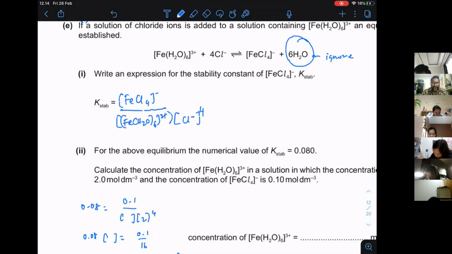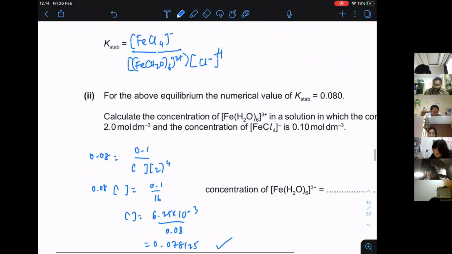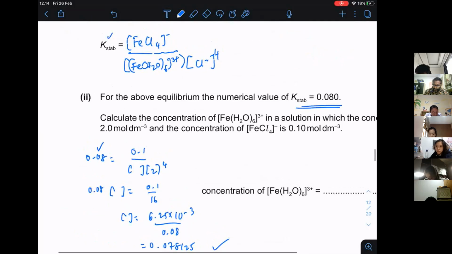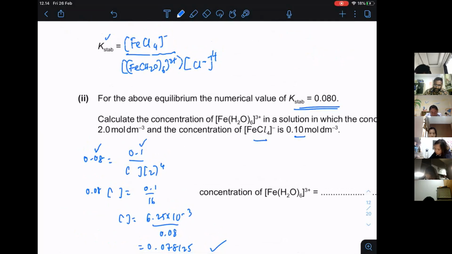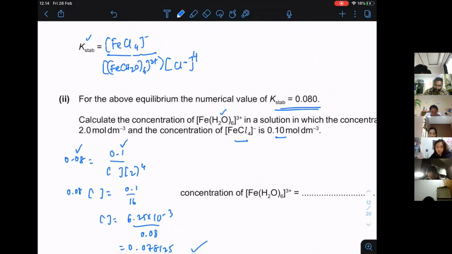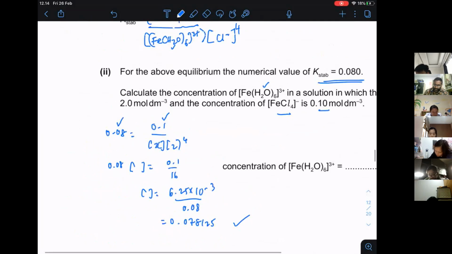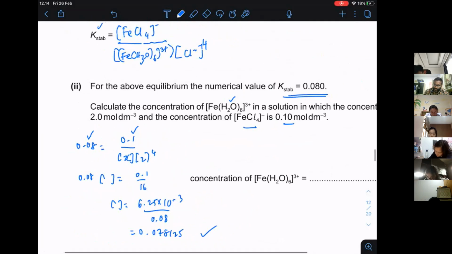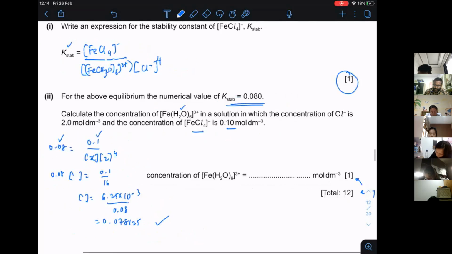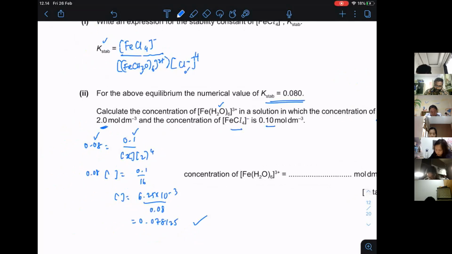For the above equilibrium, the numerical value is given, so just replace with that value, 0.08. For [FeCl4]⁻ they say 0.1, so put that in. Then they are asking you to calculate this concentration, so I just put it as X. The concentration of Cl⁻ is going to be 2, so put 2 to the power of 4, and 2 to the power of 4 is 16.